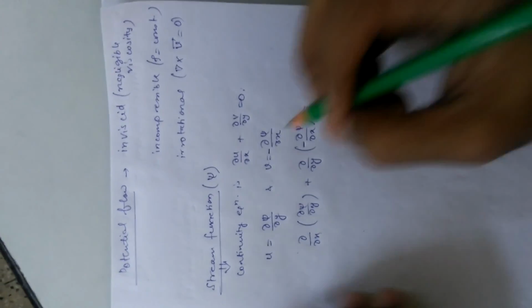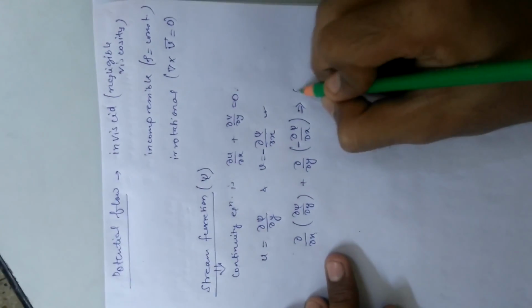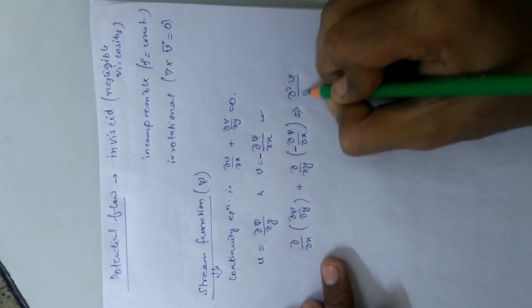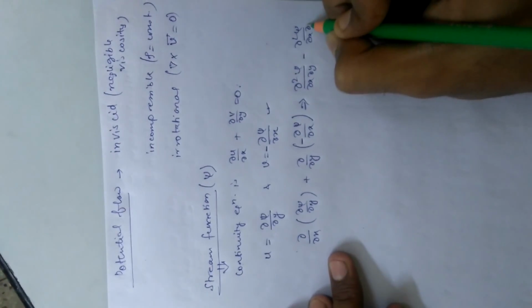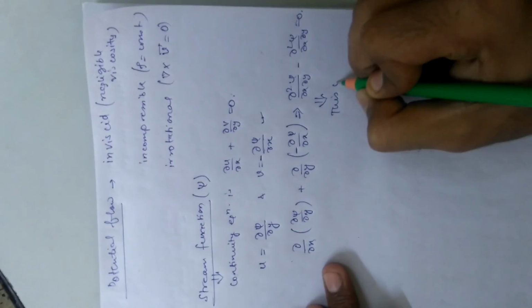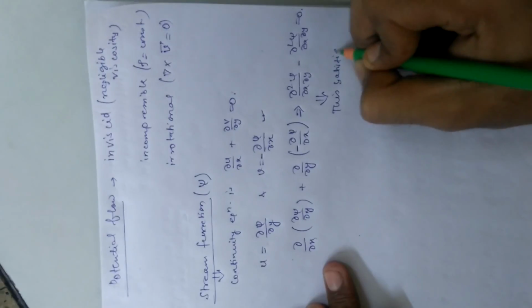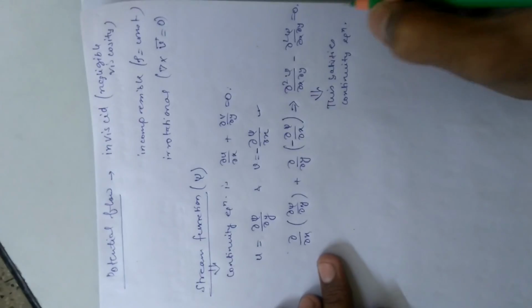On solving this, we find del square psi by del x del y minus del square psi by del x del y equals to 0. This satisfies the continuity equation.